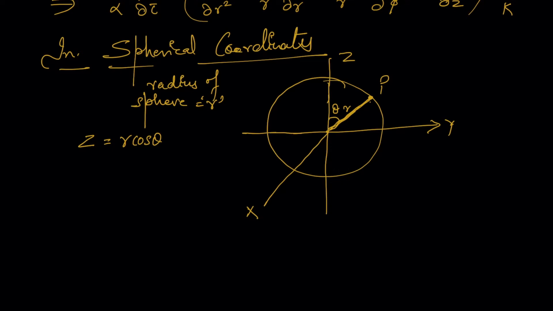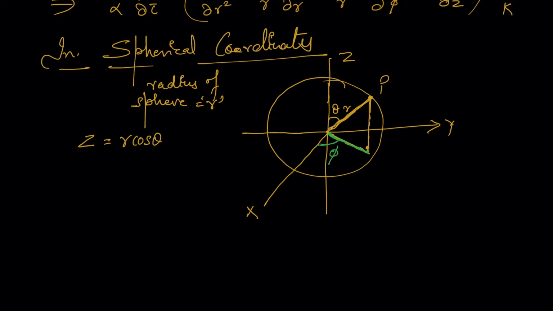And the second component, r sin theta, will be the perpendicular. This is the xy plane, and if you put a perpendicular here, this is r sin theta. Suppose this r sin theta is making an angle phi with the x axis.